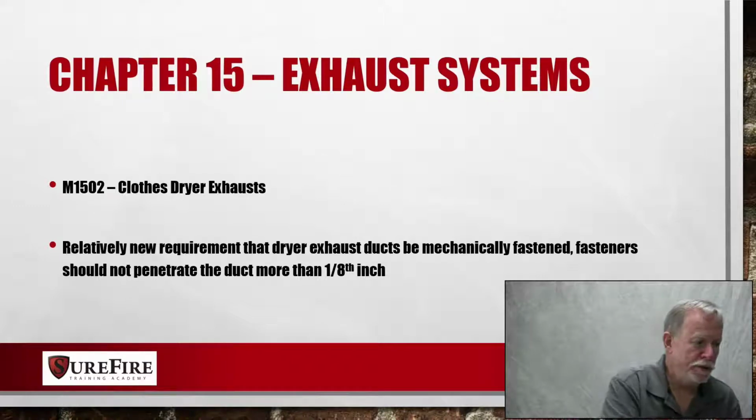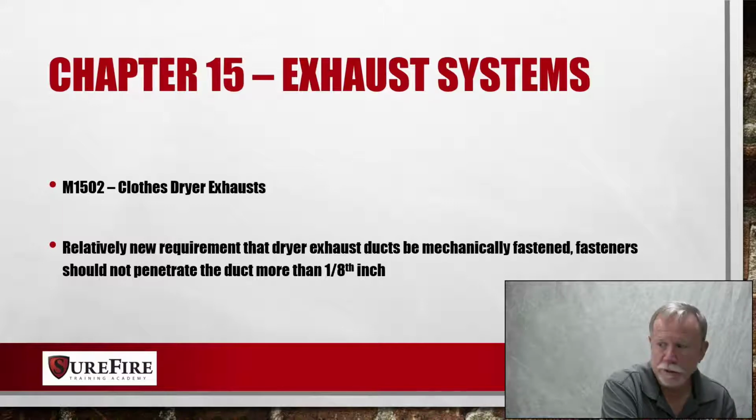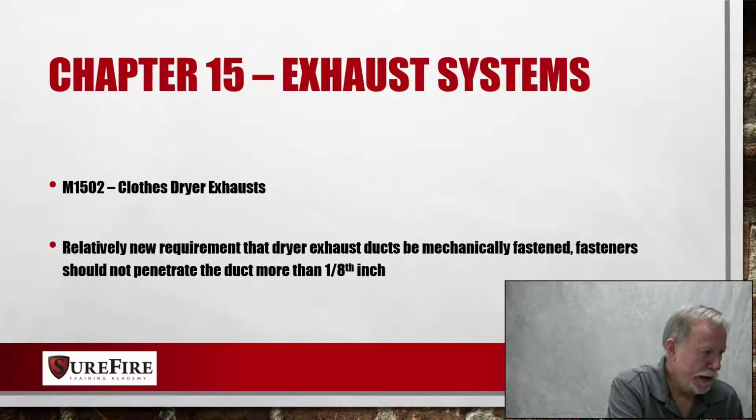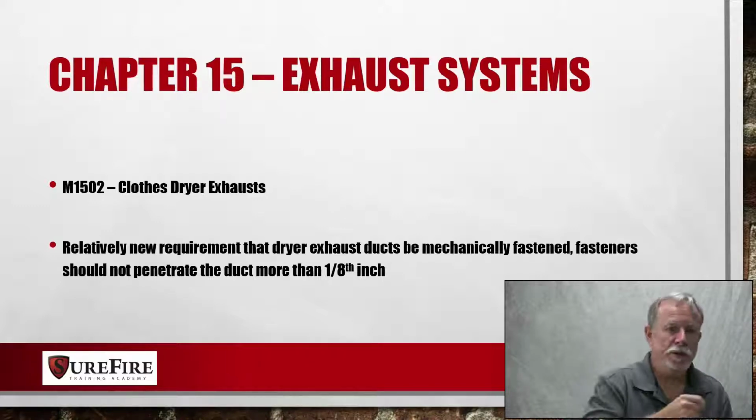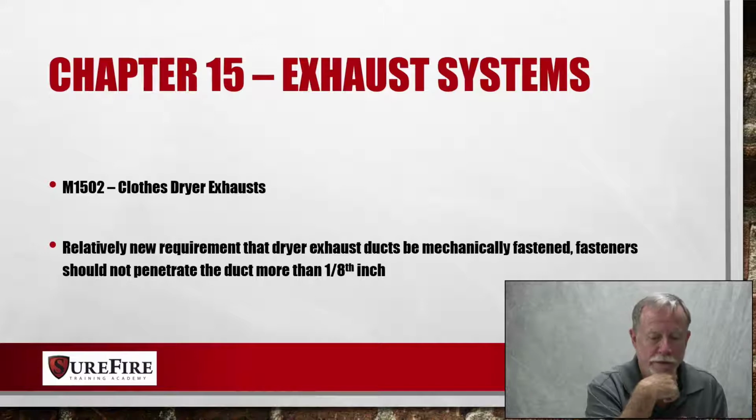Worth noting is a new requirement in the IRC that caught a lot of people off guard. For years and years, the standard has been do not put screws or rivets in dryer vent connections. Now, the code has been updated to say that the joints in dryer exhaust vents need to be mechanically fastened, but those fasteners cannot penetrate the duct more than 1/8 of an inch.